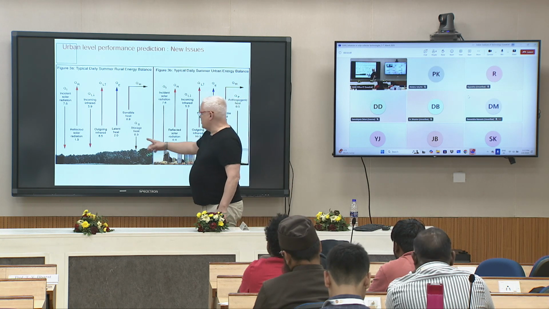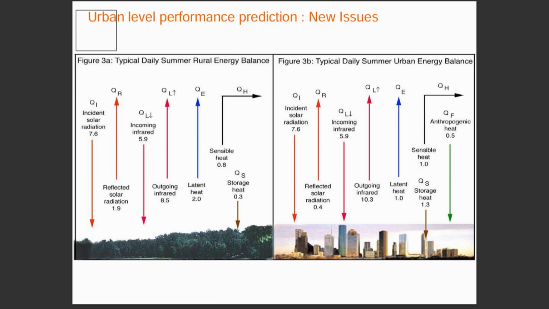Regarding storage, it is 0.3 here, it is 1.3 here, because the majority of the materials in the city are storing energy. It is sensible heat, concrete, road, it's heavy materials, good sensible heat storage materials. So we are storing more. And sensible heat, what is it related to? It's a bit more in cities than here.